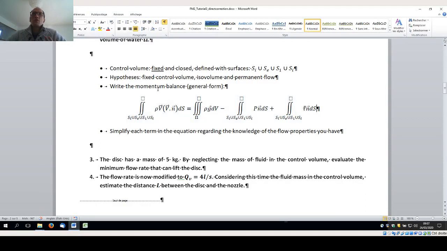So this is the momentum balance applied on a fixed control volume defined with the surface.